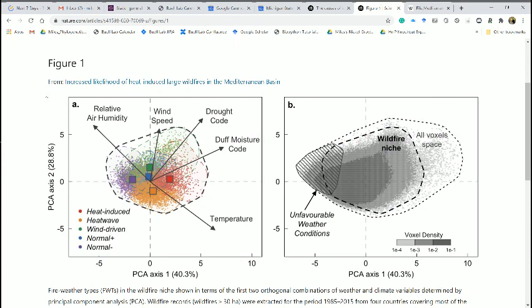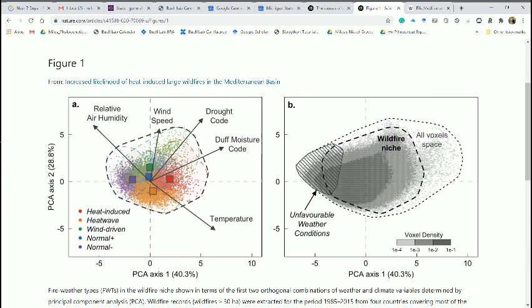The gist of these PCA plots is to take a multi-dimensional data set, so a data set with more than two variables, such as this data set with 5 variables: temperature, Duff moisture, drought code, wind speed, and relative air humidity, and you collapse that data set into just 2 variables or 2 axes of variation, using some statistics and math to do that.